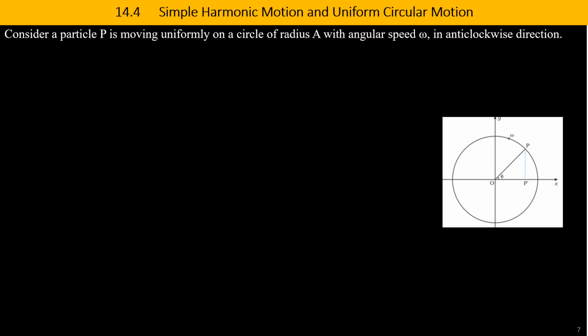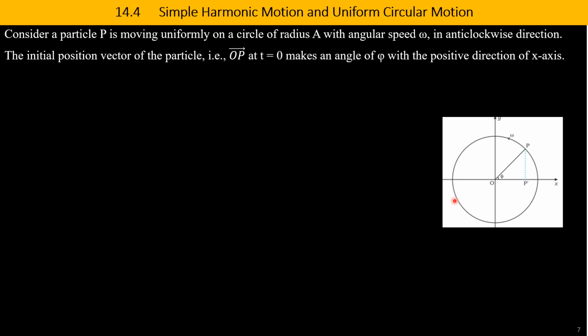Consider a particle P shown on the screen moving uniformly on a circle of radius capital A. This radius OP is capital A with angular speed omega in anticlockwise direction. Please see that the particle is moving in the anticlockwise direction.